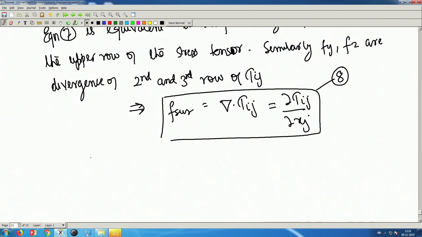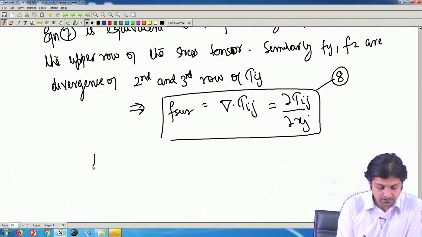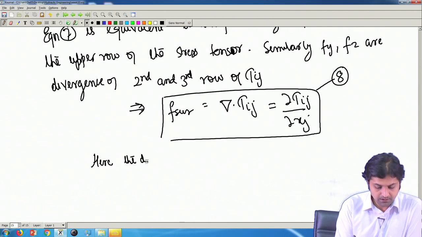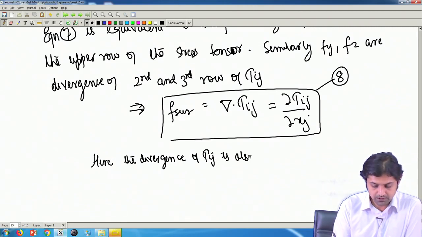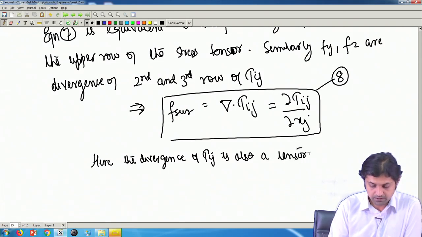it is important to note that the divergence of tau ij is also a tensor. Okay.